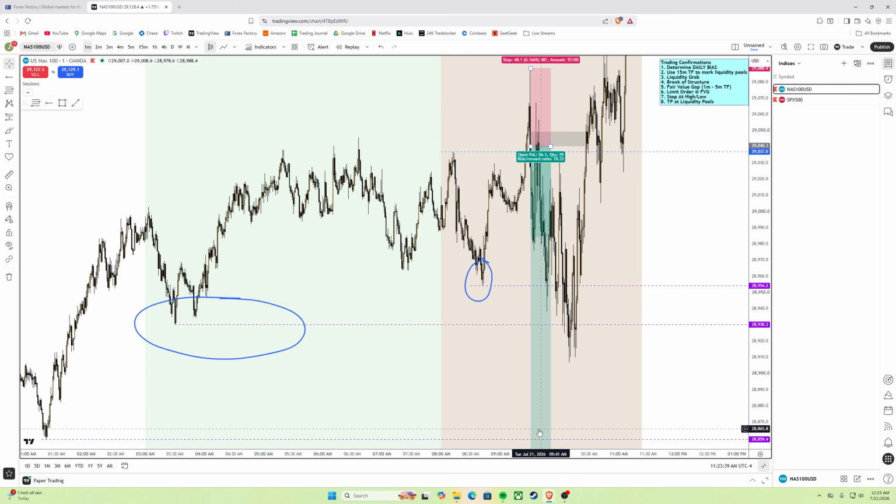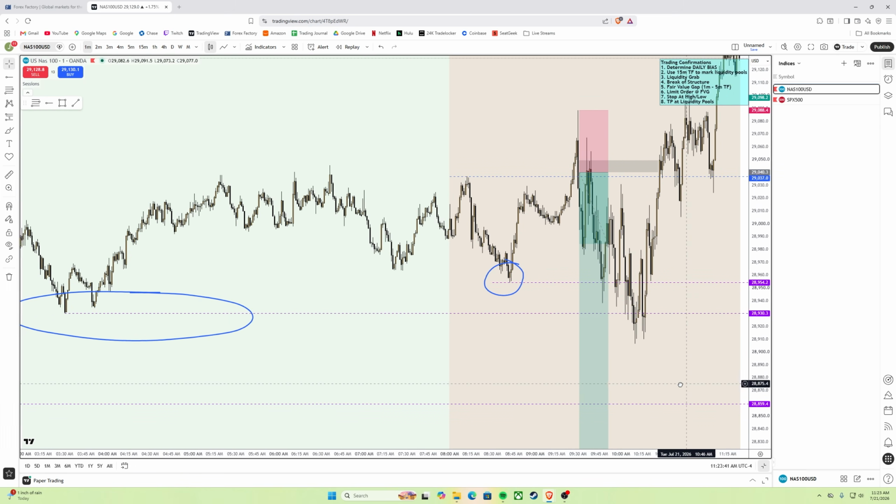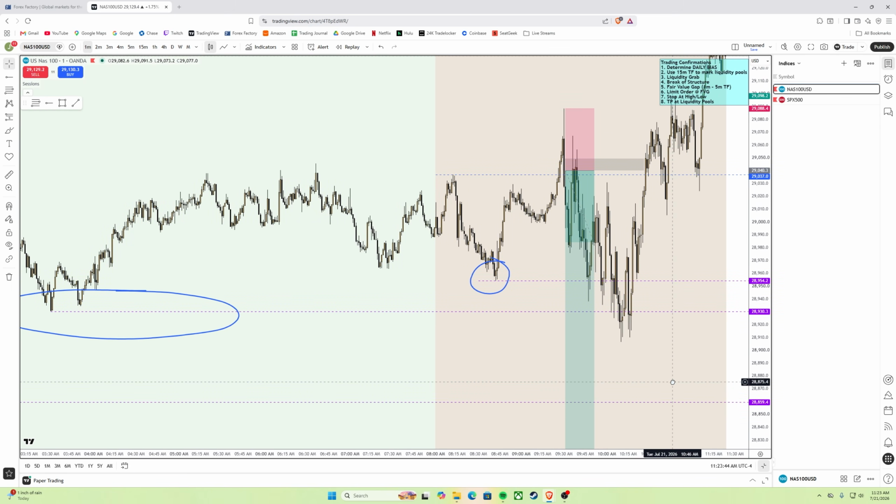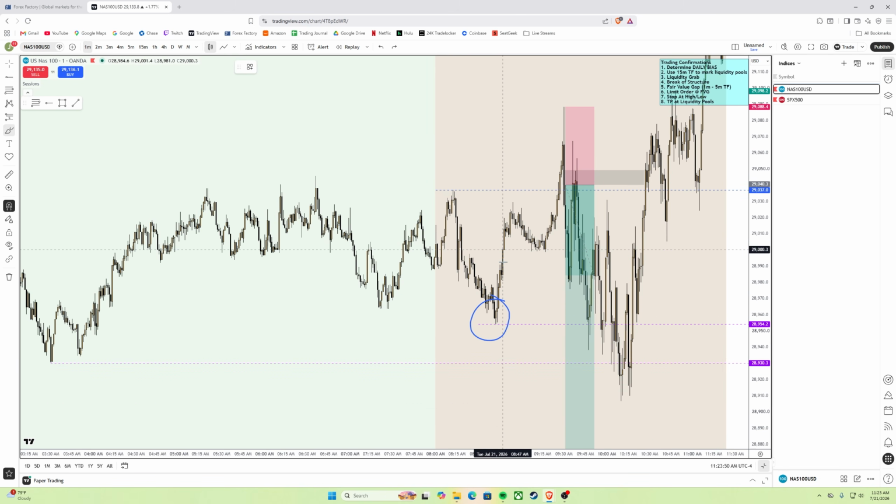So I guess you can say that price moved a bit better with the NAS because at least the S&P cleared the low of the session, but it was not able to go much further than that before reversing. The NAS, on the other hand, cleared the low of the session and the London lows.